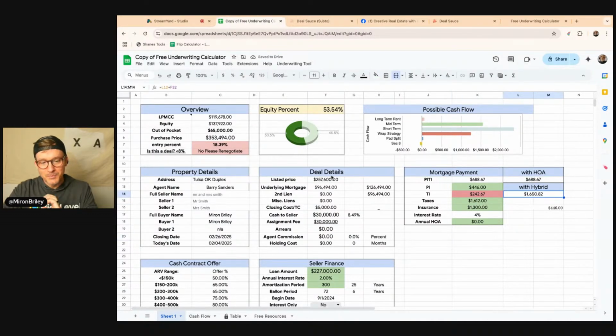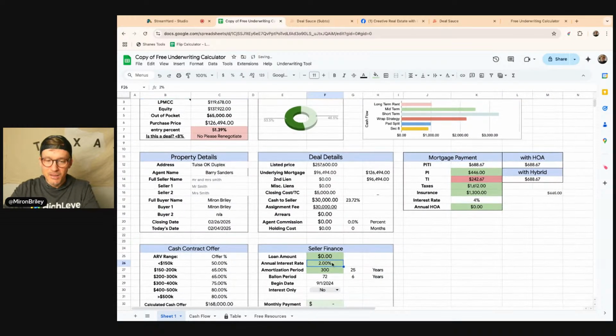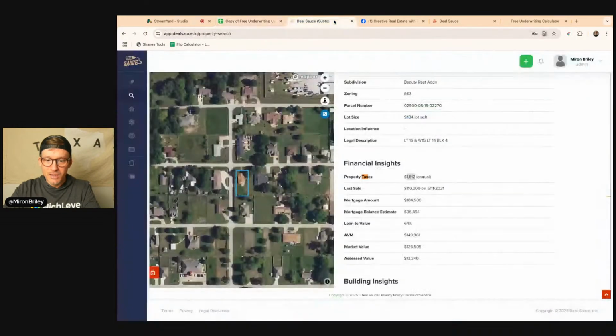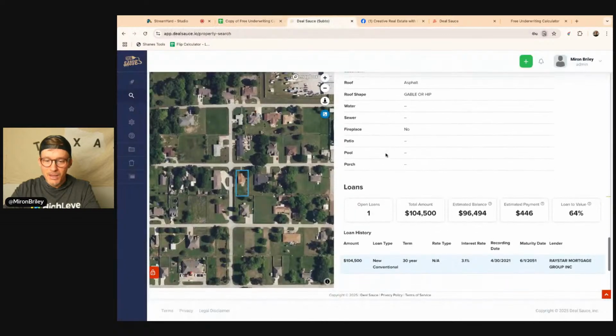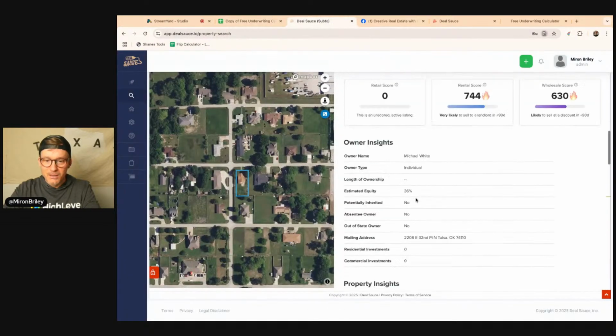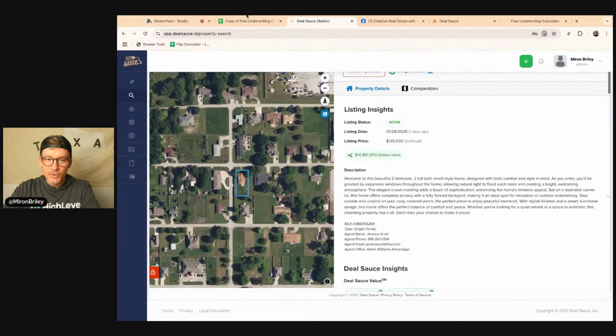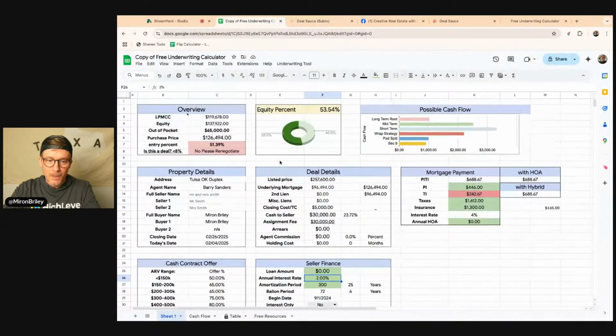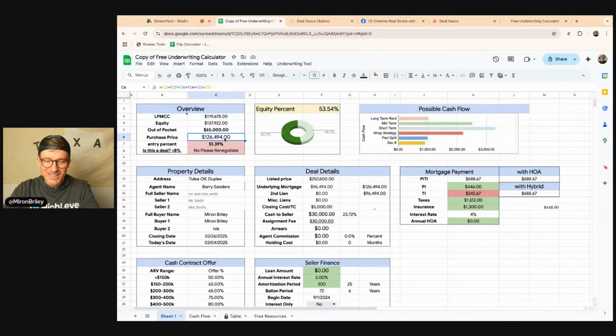Okay. So let's say it is low equity, isn't it? So let's say they want 120, okay? Or okay, we'll go higher than that. They want 150.